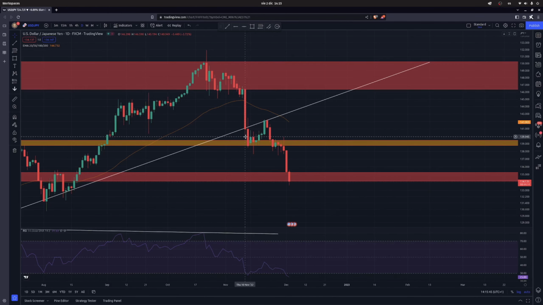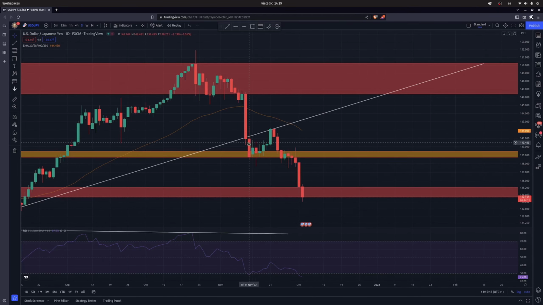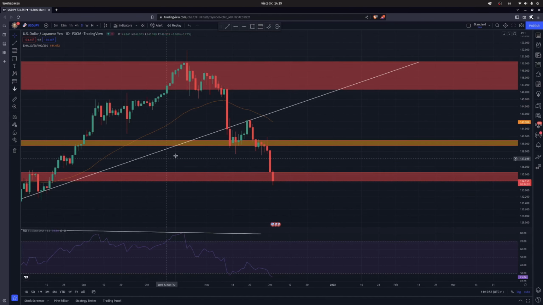And the next candle is also bearish, where we break through this lower upwards trend line, which normally acts as resistance. We broke right through.